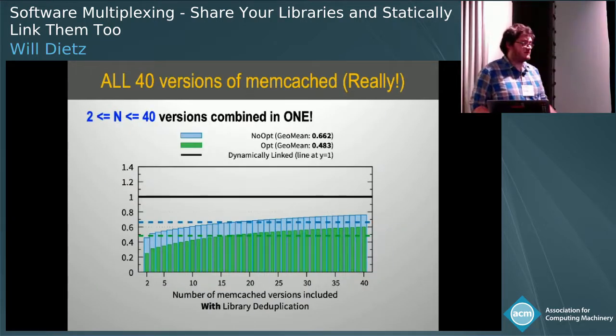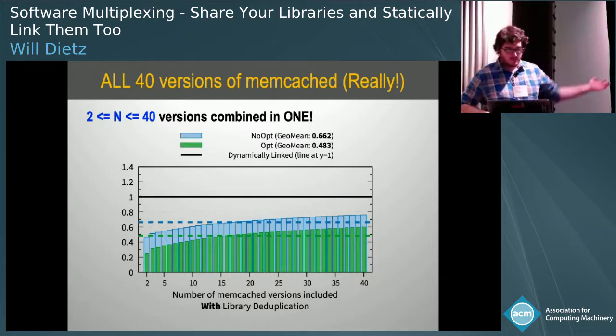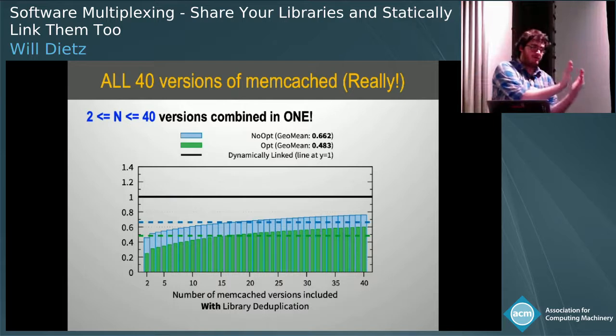And another cool result is that we used multiplexing, where you can combine across versions. This is the other axis of duplication that I mentioned earlier. Here we combined 40 different versions, at the time all of the versions that had been publicly released of memcached, into a single binary.